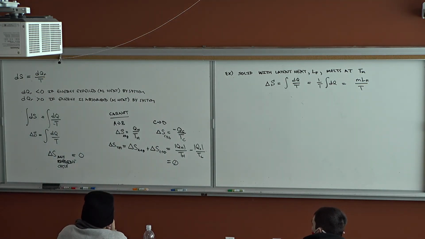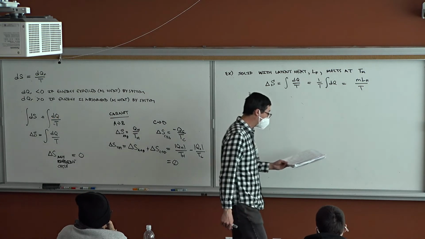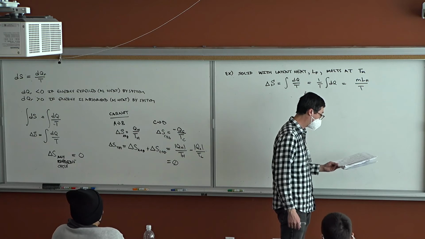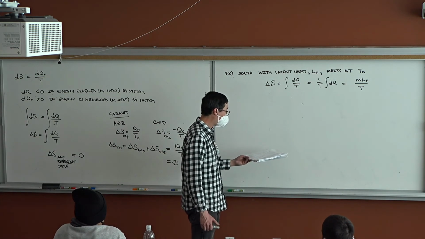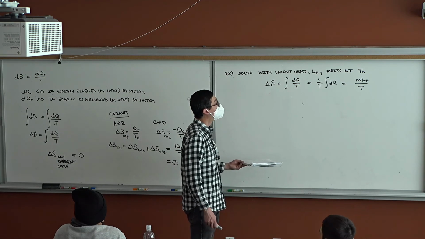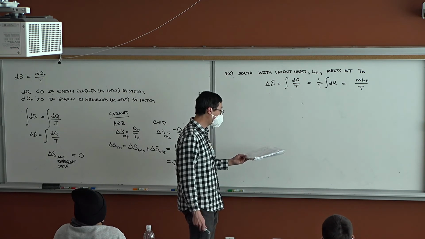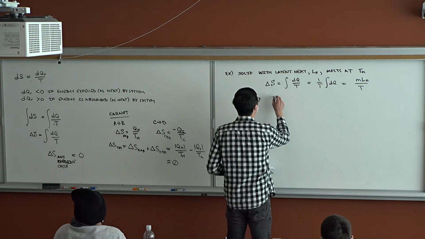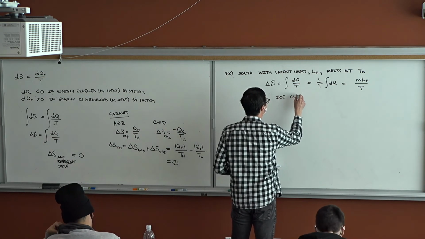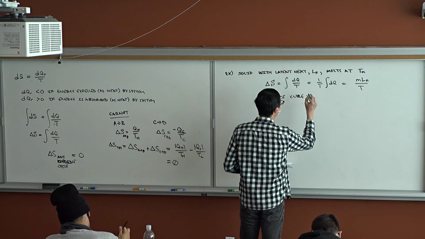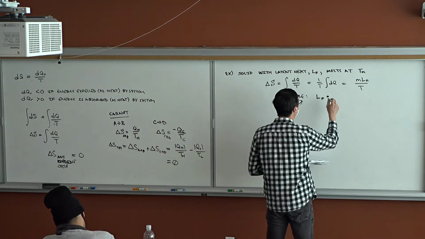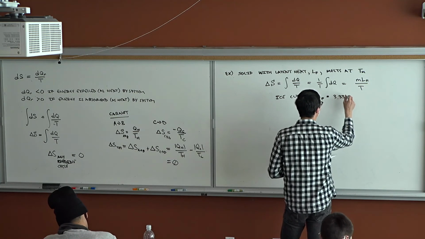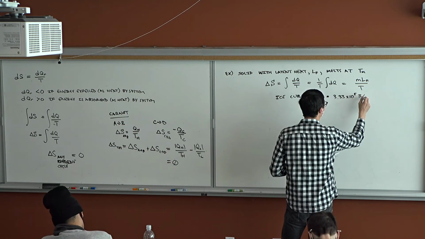Sorry. So, if we did this for an ice cube, latent heat of fusion somewhere around 3.33 times 10 to the 5 joules per kilogram.